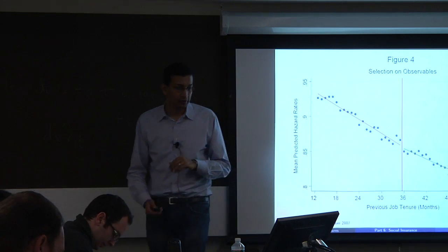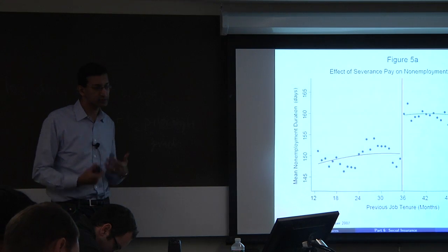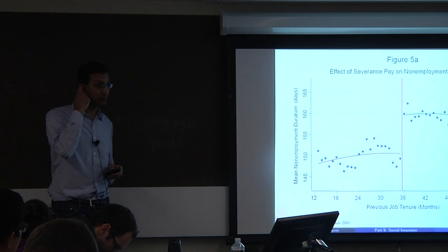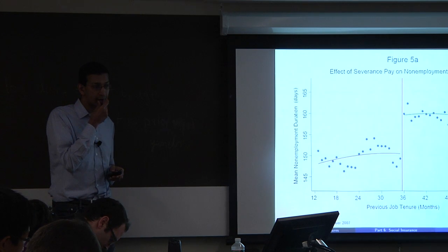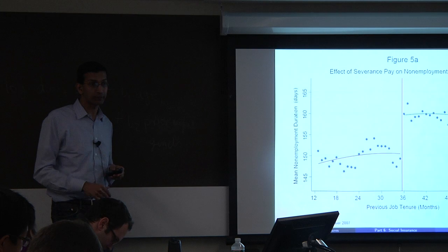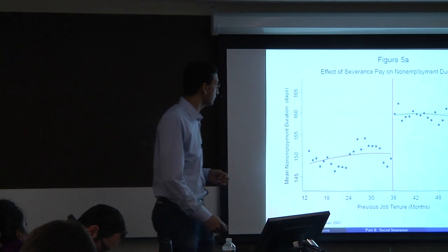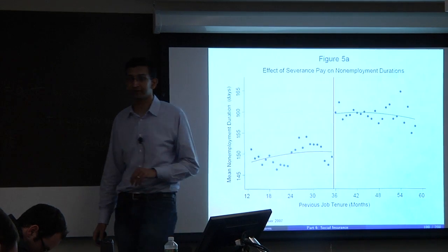Okay. So you do a bunch of checks for the validity of the design like that, and then it's totally straightforward, you plot the treatment effects, right? So this is showing you mean unemployment durations in Austria. So average number of days you're unemployed, just plotted against job tenure. And you can see that there's a very clear jump on the right relative to the left.